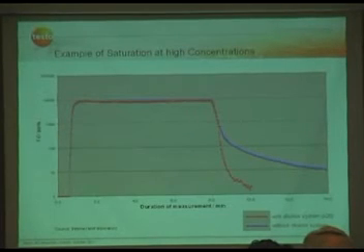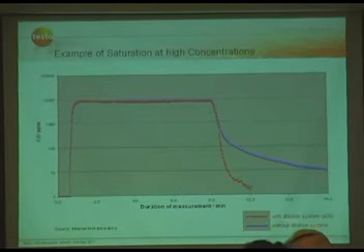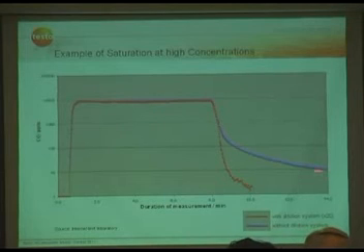Okay, and this is just an example of what could happen to the sensor. The orange line is with dilution system and the blue line is without dilution system. That means if you put high concentrations on the sensor, like in this example the CO sensor, for a long time, this was over 6 hours, then if you switch the analyzer to fresh air, because of this high concentration it takes a while till the sensor gets down to 0.